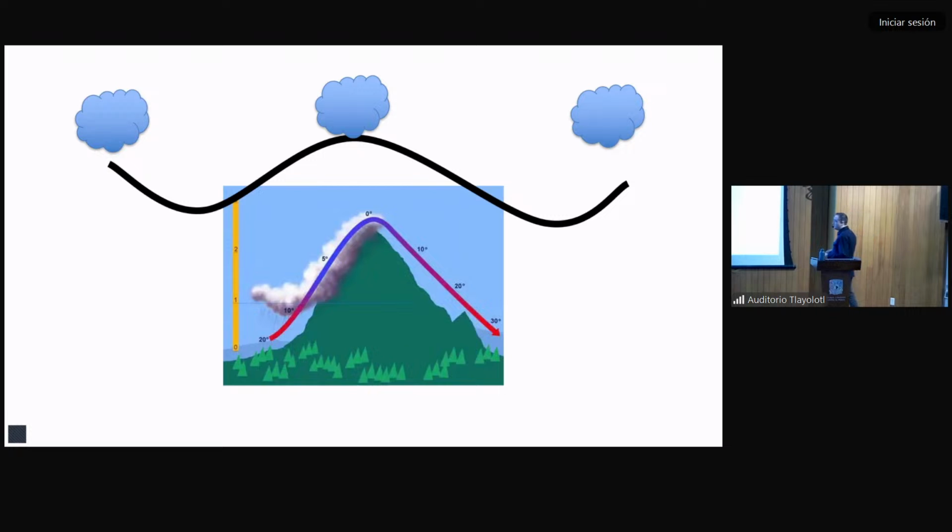What may cause this kind of waves in the atmosphere? What kind of forcings can produce waves? One of these forcings can be orographic forcing. So the orography can force the air to go up and down, and that can produce oscillations in the atmosphere. They can produce waves in the atmosphere.